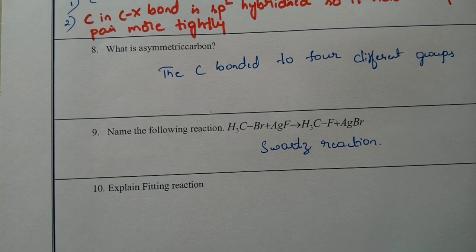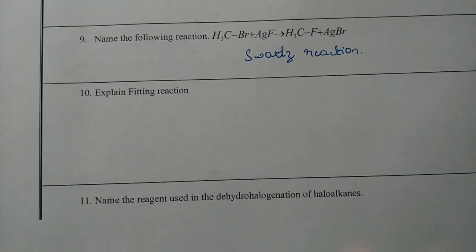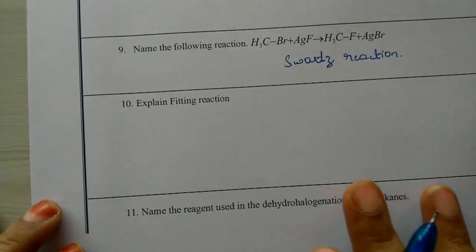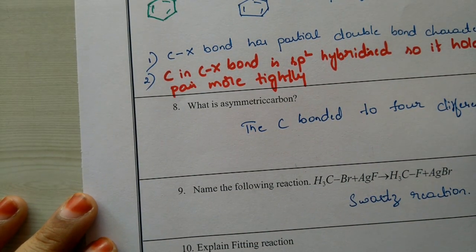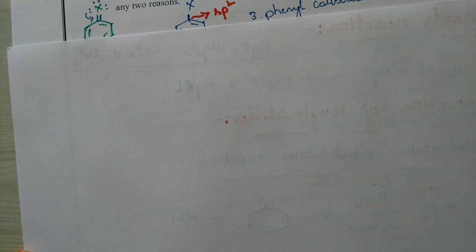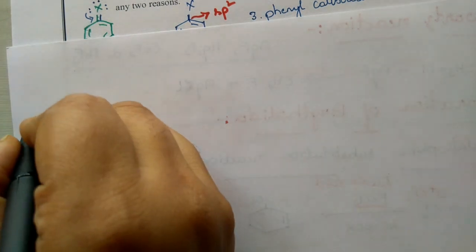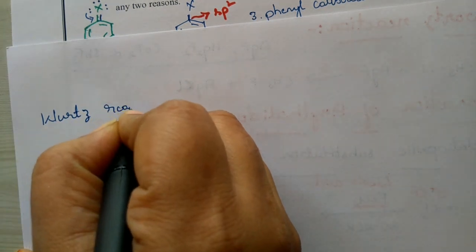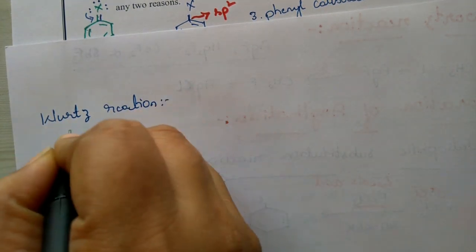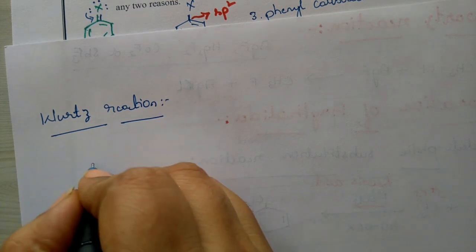The Fittig reaction we have already discussed. Next, we will move on to the remaining reactions. We'll discuss Wurtz-Fittig as well as Fittig, or else I'll write it here itself. First we'll discuss the Wurtz reaction.